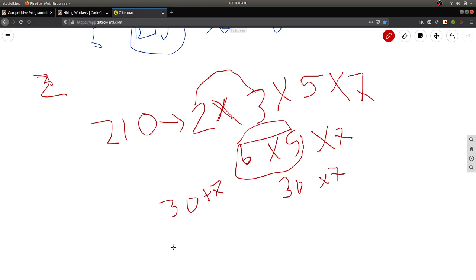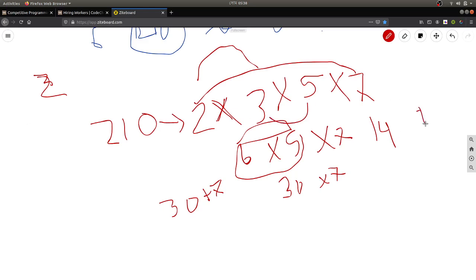But if we think about it, the optimal solution will be if I take 2 with 7, then it becomes 14, and 3 with 5, then it becomes 15. So here comes another observation.